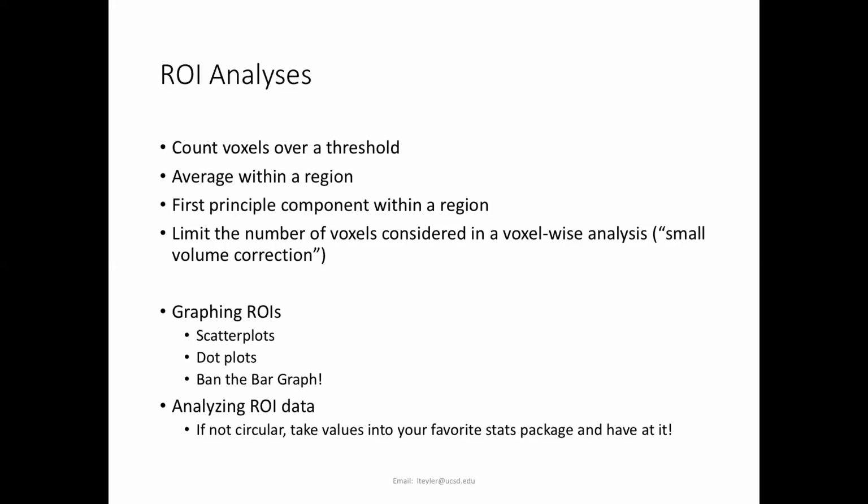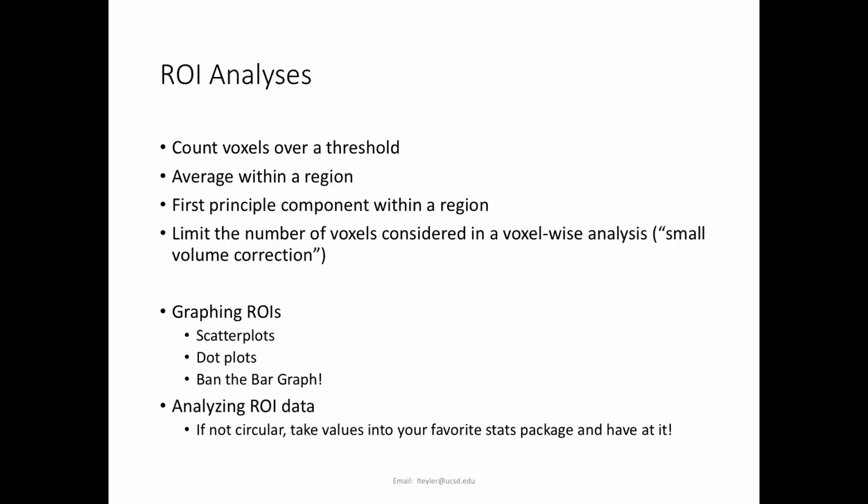But then once you have your ROI stats, the statistics that you got out of your ROI, you can do whatever you want with them. Take them into your favorite graphing program, take them into your favorite statistical analysis package, and do things like make scatter plots of the relationship between brain activation in that region and some other behavioral measure.